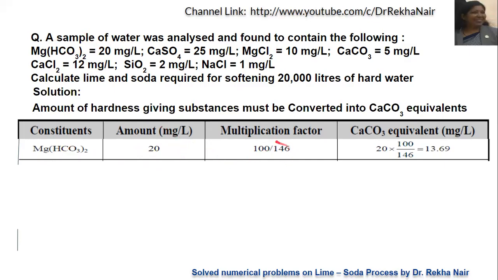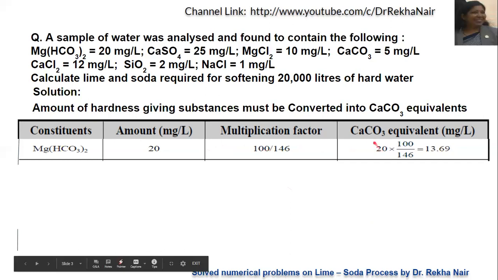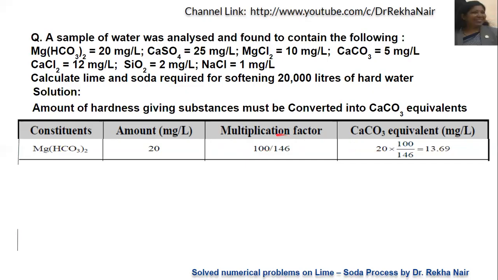We need to calculate the multiplication factor, because in the previous video we have learned that calcium carbonate equivalent is nothing but multiplication factor multiplied by the amount of the hardness causing substance given. So, here the amount is 20 milligram per liter and we need to calculate the multiplication factor. For calculating it, we can say that it is 100 upon molecular weight, because its valency is 2.